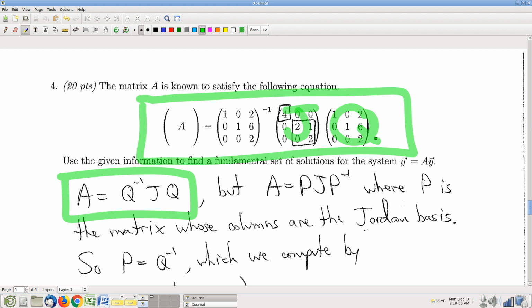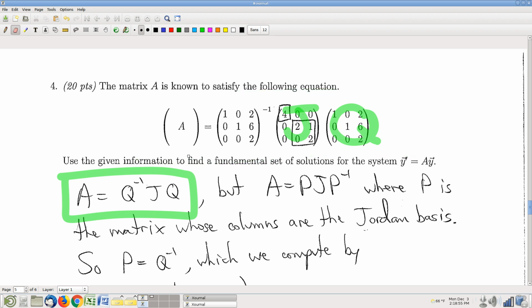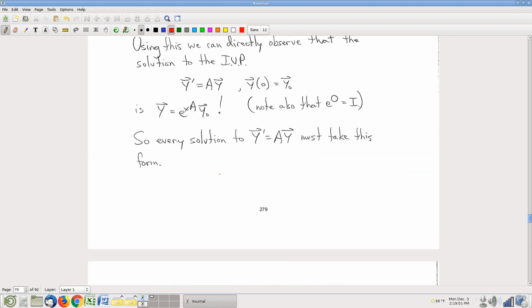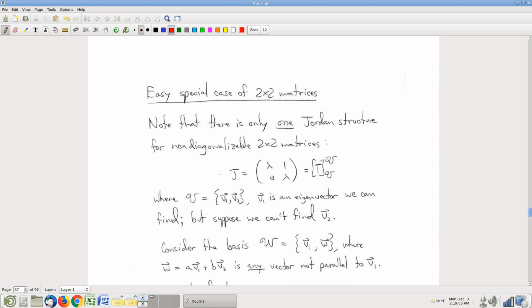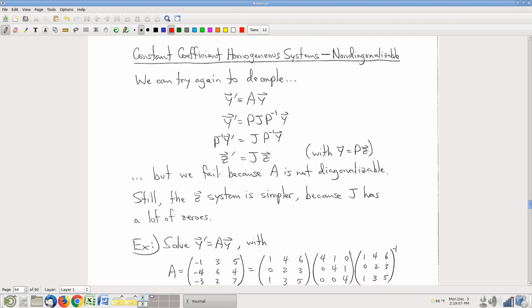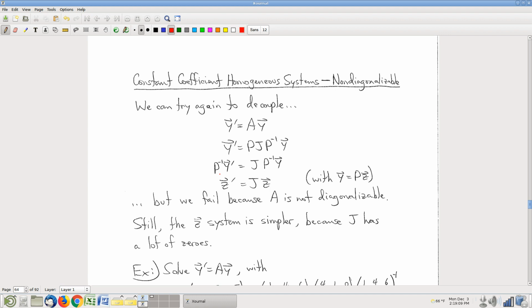So Q inverse JQ. Well, the thing is, notice that when we did our change of basis, let's go back to the notes. Let me go way back here to where it happened. This thing here.